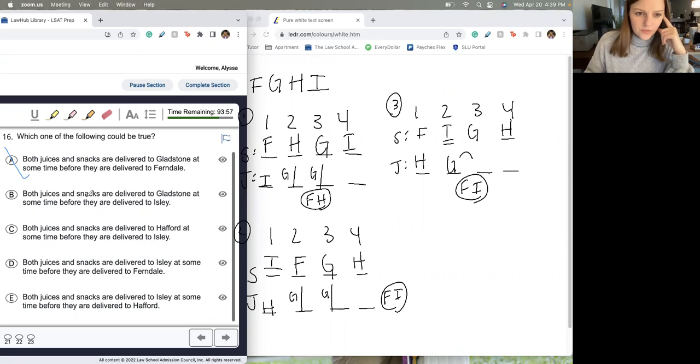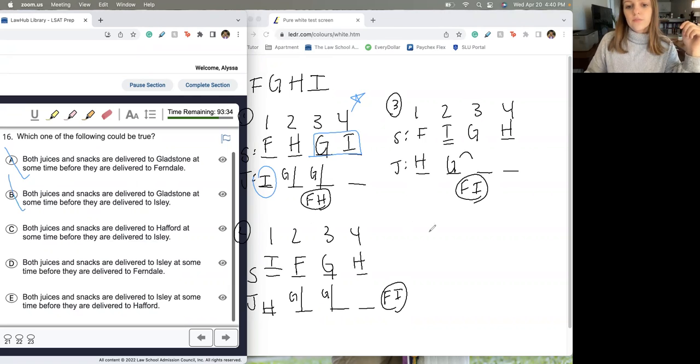B says both juices and snacks are delivered to G at some time before they are delivered to I. Could that be true? I'm looking at my snack line first because, again, that's the most full one. I could have G before I in that world in my snack line, but I can't have it happen down here because I is going to be my first one.